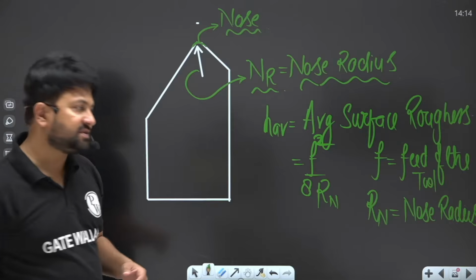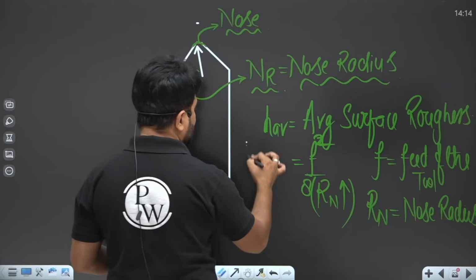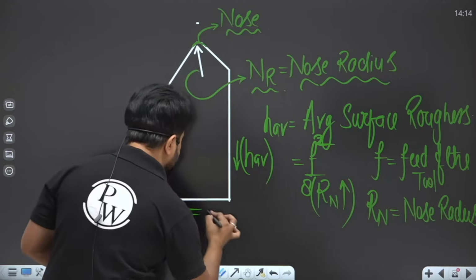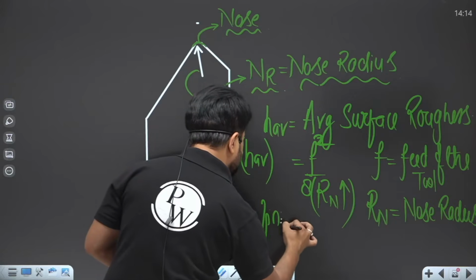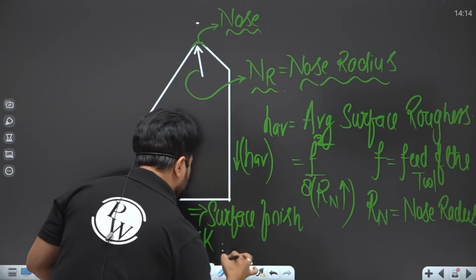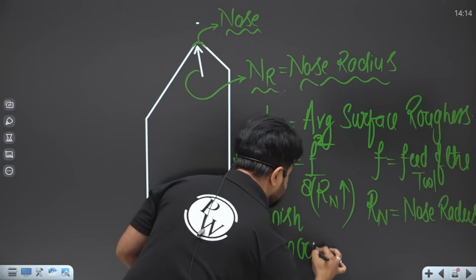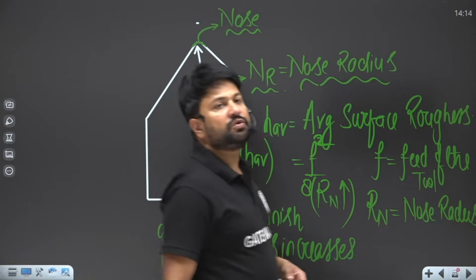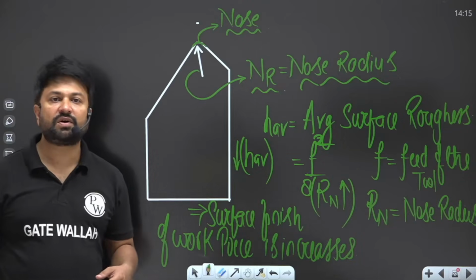If you keep the feed constant and increase the nose radius in the denominator, overall average roughness is going to decrease, which implies that the surface finish of the workpiece increases. Yes or no? Overall surface finish increases, right? So this is the importance of the nose radius.